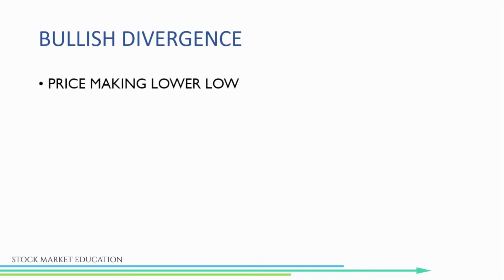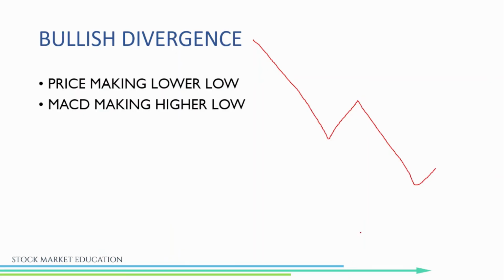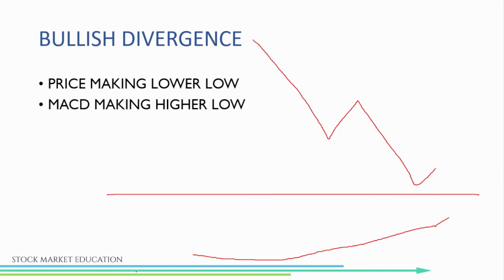Whenever the price is making a lower low, so suppose a stock is falling and the price is making a lower low, and MACD is making a higher low, so on the MACD indicator you will see that the price is making a lower low and the MACD indicator is making a higher low. It is called a bullish divergence.